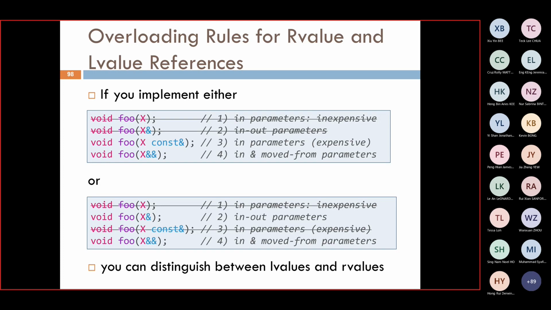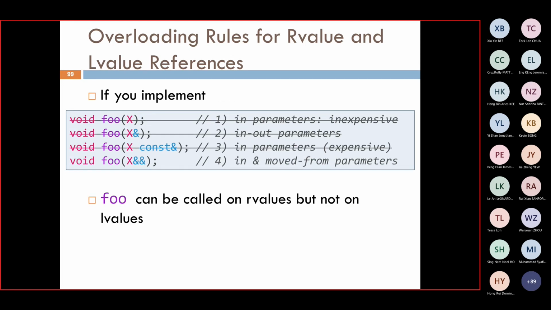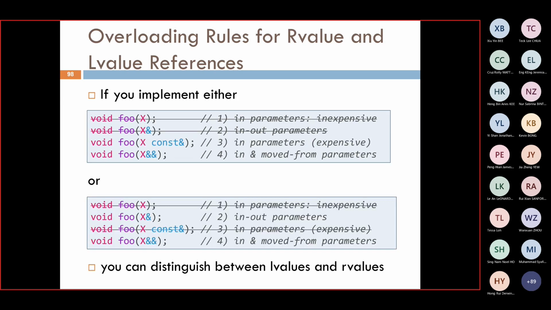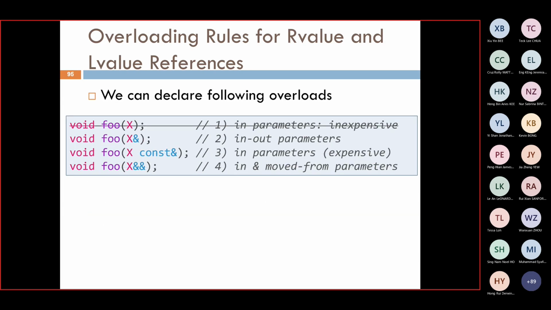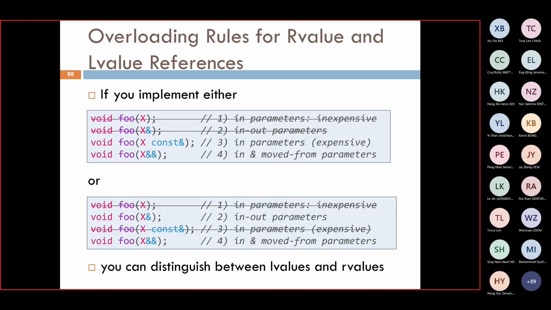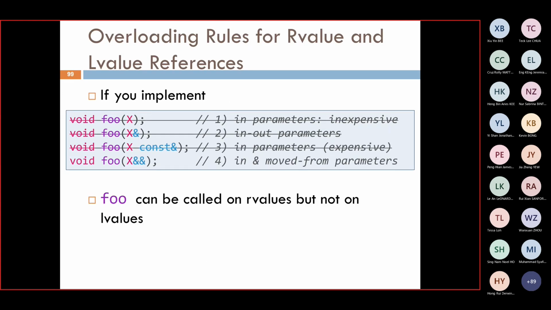Well, unfortunately, you can't have the bottom work with const, as you can see, so it has to be only the top. Now, if you only implement R value references, then obviously the only thing you can do is call them with R values, but not on L values. So I think these slides are quite useful for you guys to understand function overloading and this whole topic that we've been discussing.